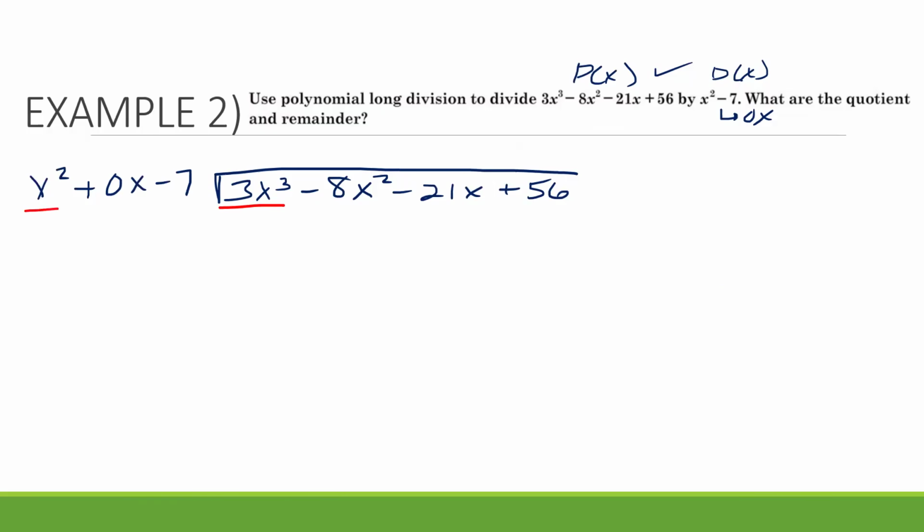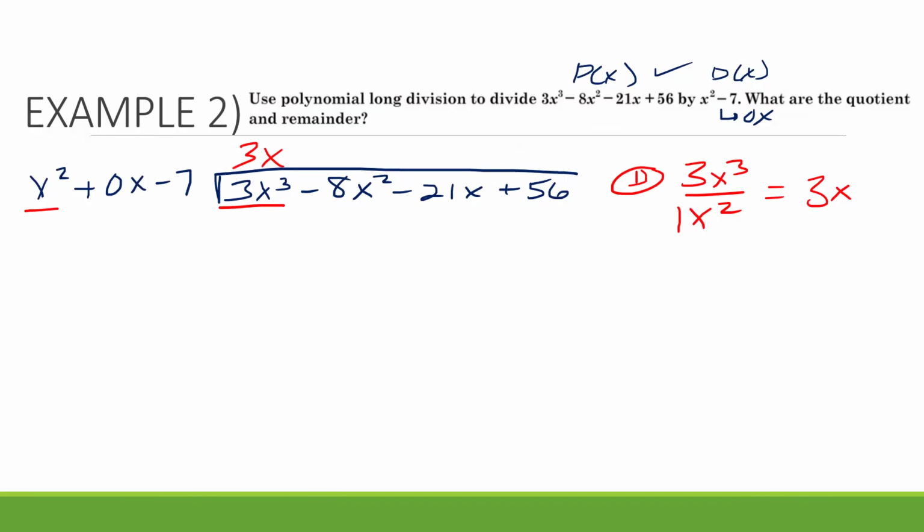And again, if I can't do it in my head, what should I do? Write it out. It is your notes, your work. No one cares what you write there. So you have 3x cubed divided by x squared. That's going to give you 3x. So the first piece of our quotient is 3x.